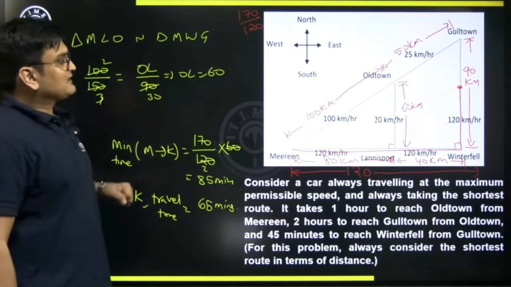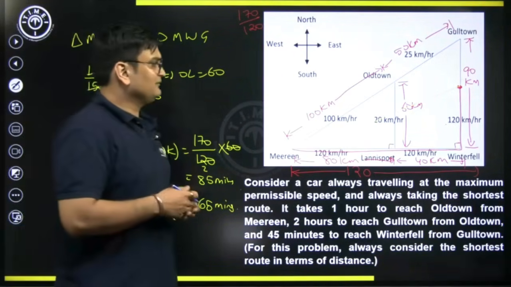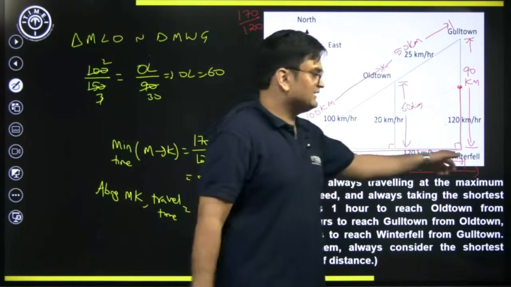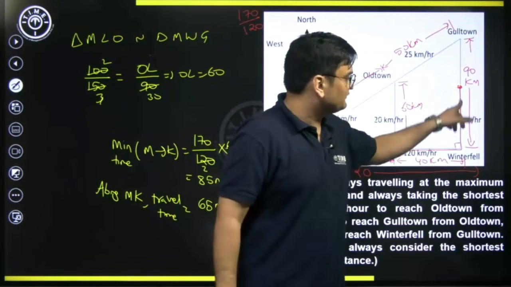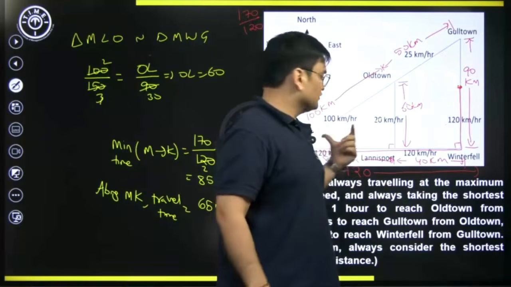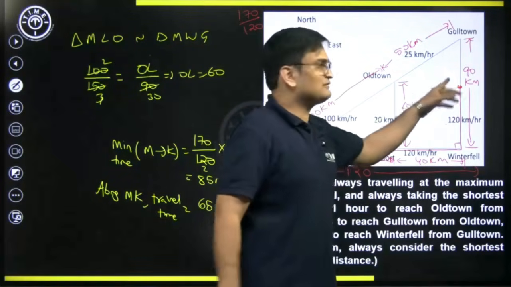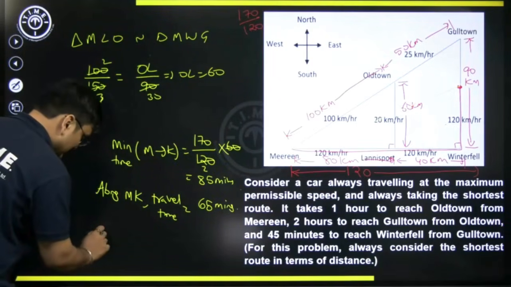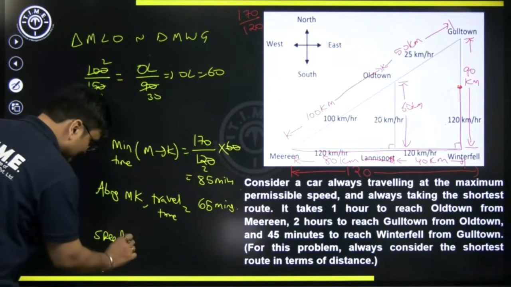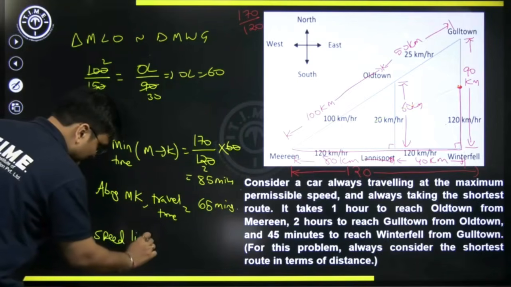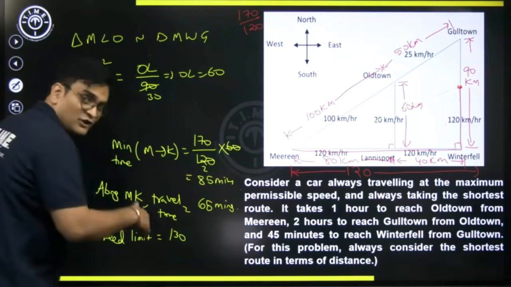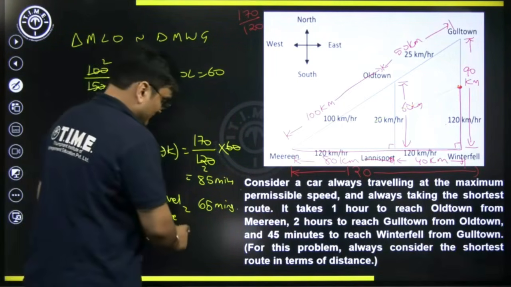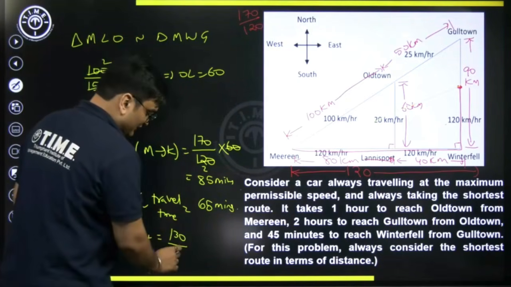Now, can we find out the distance MK somehow? Yes, we can, because we know the base 120 of the triangle, we know the height 50. So, 50 and 120, if you apply Pythagoras theorem, give MK as 130, and hence our answer, the maximum speed limit, will be nothing but the distance 130, which we got from Pythagoras theorem, divided by the time 65.